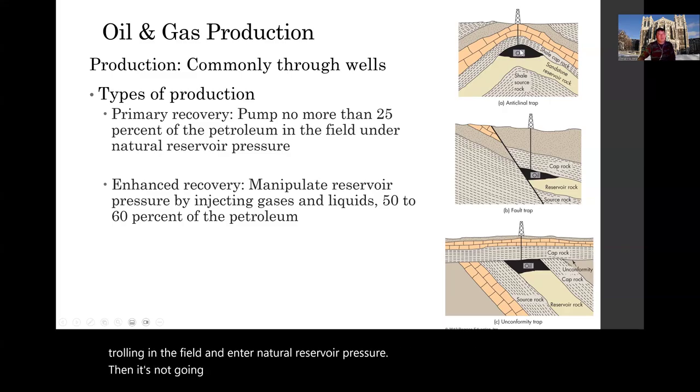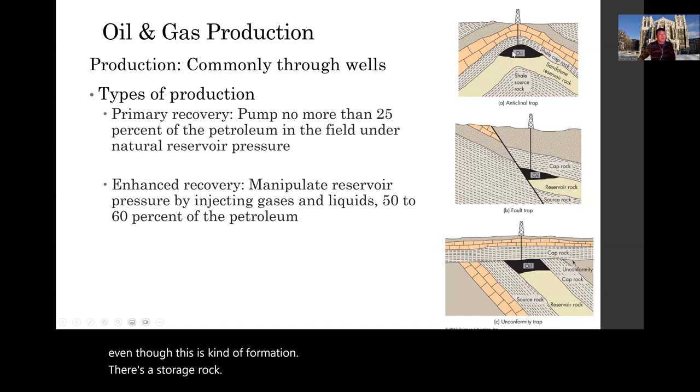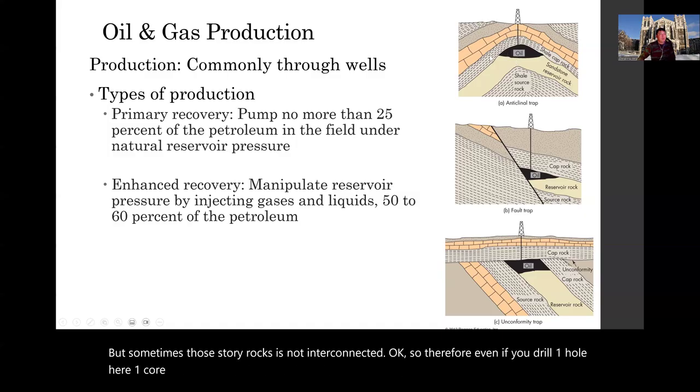There are two things happening here. Number one is that even though this is a formation with storage rock, sometimes those storage rocks are not interconnected. So even if you drill one hole here, one core here, you cannot guarantee all the oil comes out, and sometimes you drill multiple of those, which increases the cost.